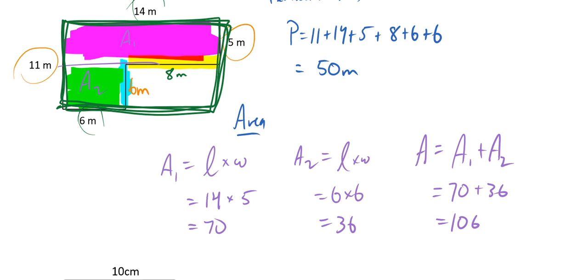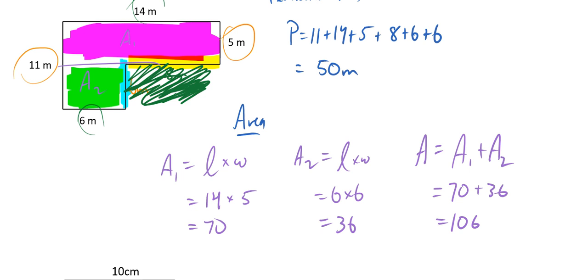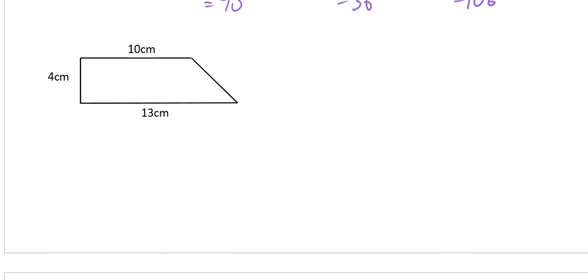And then what they did to find just the part we wanted was they cut out this and subtracted it, right? If I find a big area and then take the part I don't want and subtract it, what's left will be what I want. So that would work as well. We're going to look at that more tomorrow. We're going to see some questions where you have to do it that way tomorrow. But you could have done this question like that as well. Good. What's different about this question?